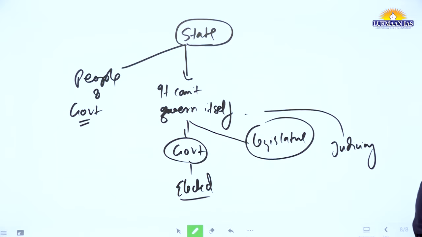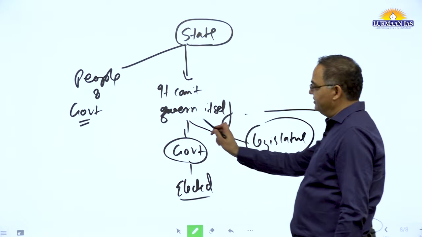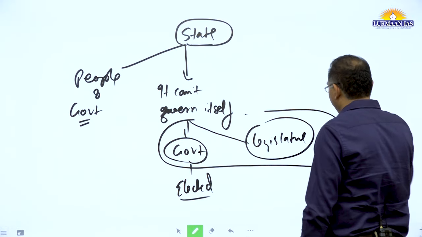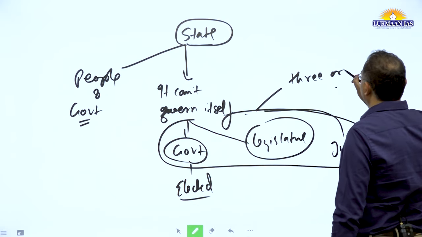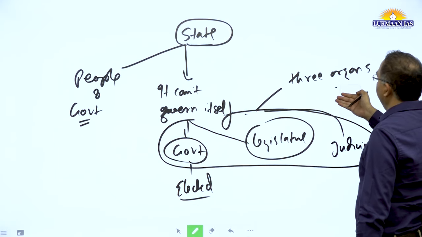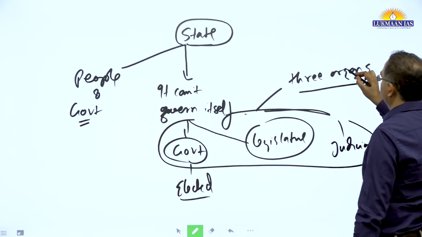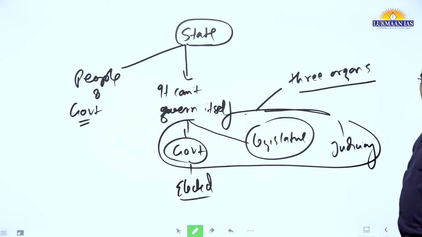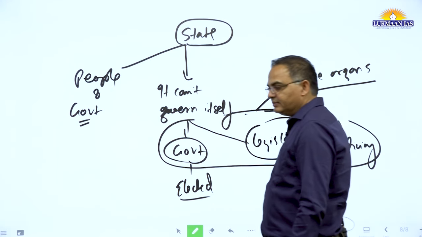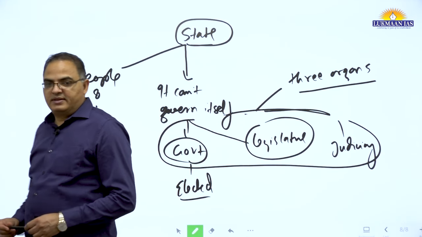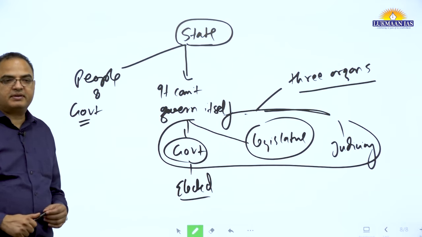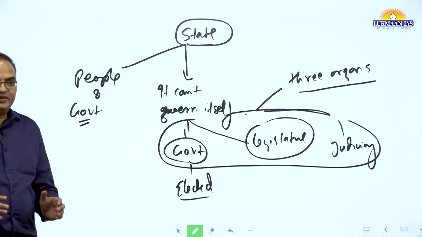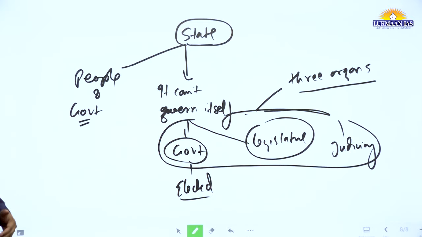So ultimately, a state has three major organs to govern people. But only three organs cannot govern. They need other institutions also.